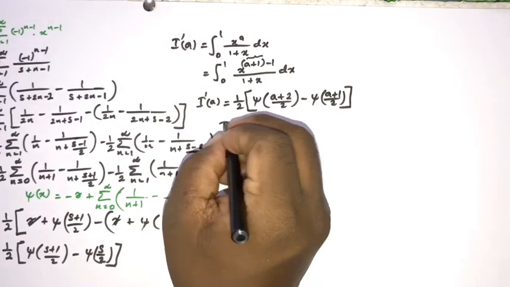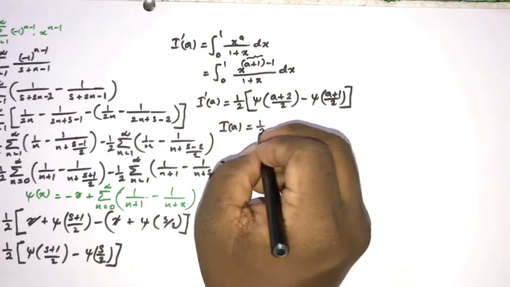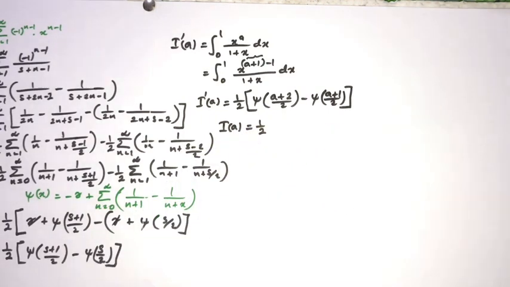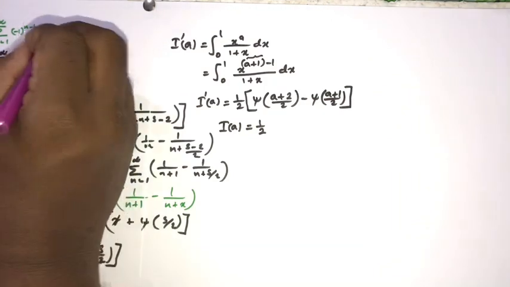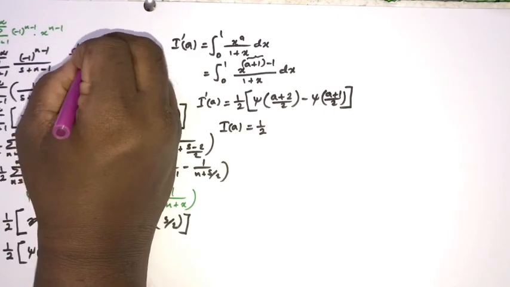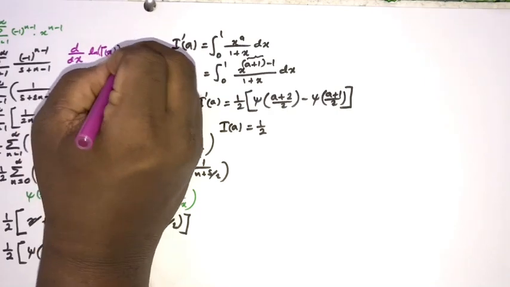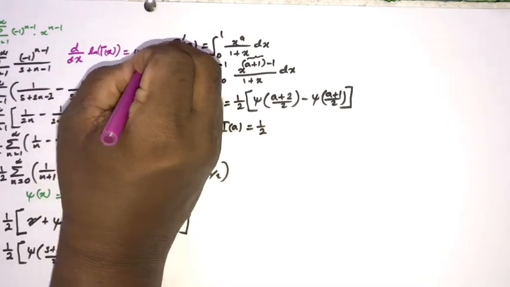So if we integrate, here we have I of a is equal to 1 half. Now integration of the digamma function, we know the derivative of natural log of gamma of x is equal to digamma of x.